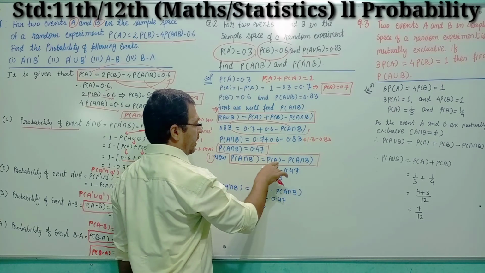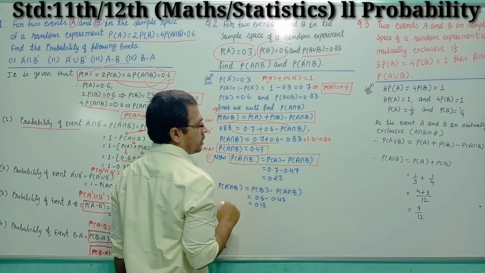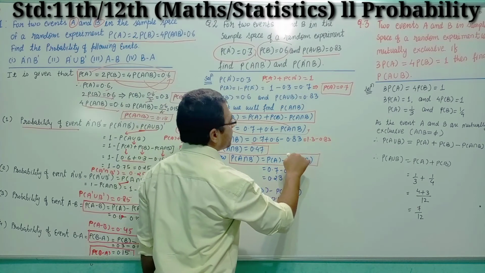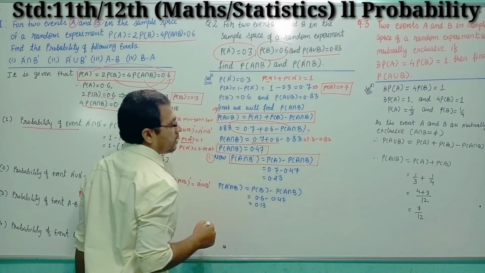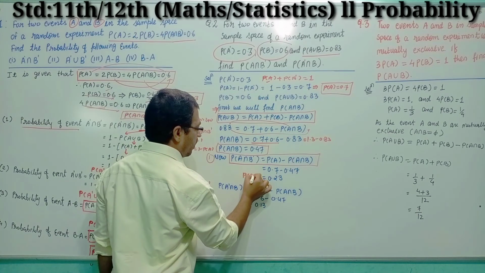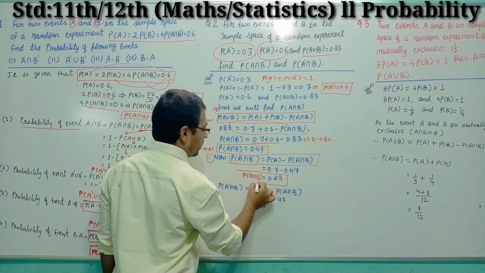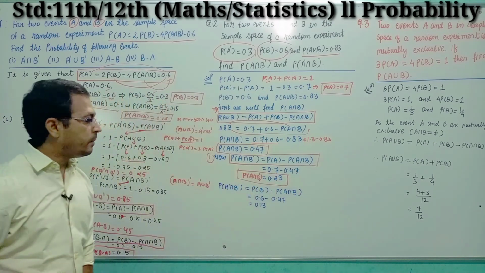So P of A minus P of A intersection B. The value of P of A is 0.7 and the value of A intersection B is 0.47. So calculating these things, we are getting P of A intersection B dash is equal to 0.23.